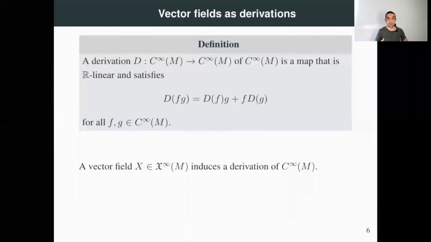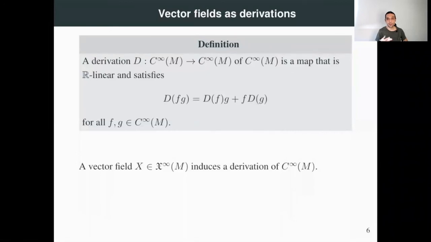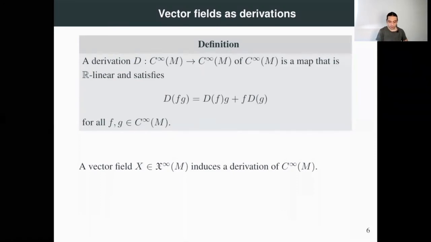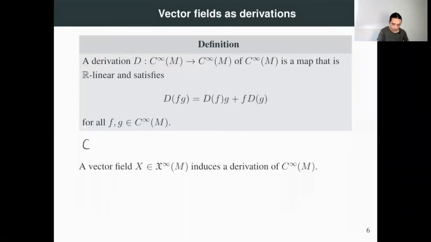So let us continue with our program, which is establishing a connection between vector fields and derivations. Okay, we did it for the tangent space at a point. Now we are going to do it for vector fields. We're going to define a derivation of the space of C-infinity maps, where here it's the C-infinity functions.